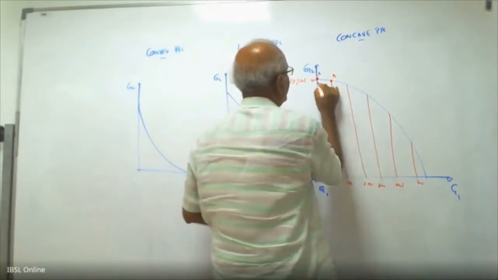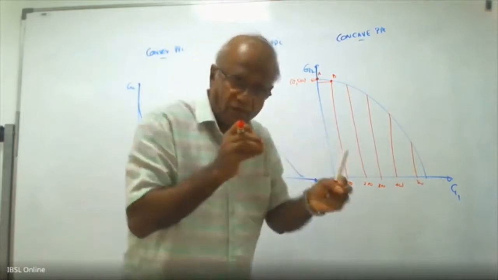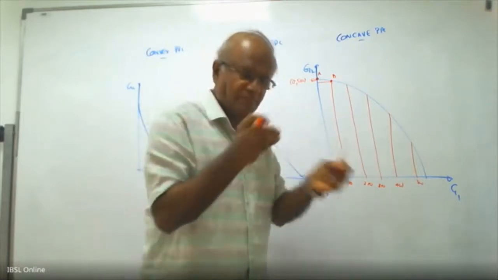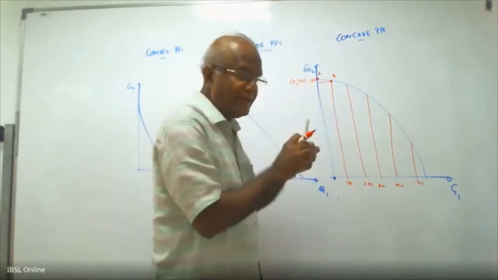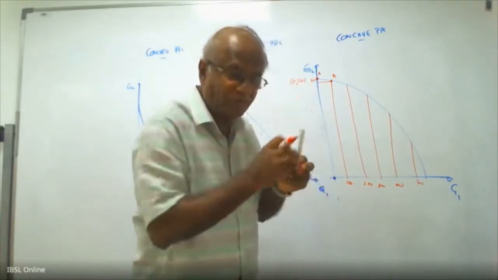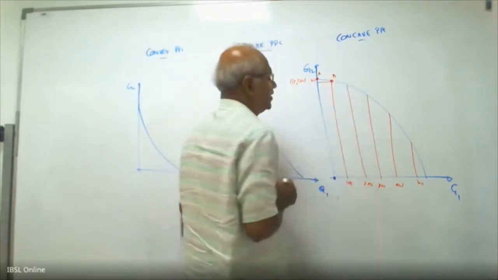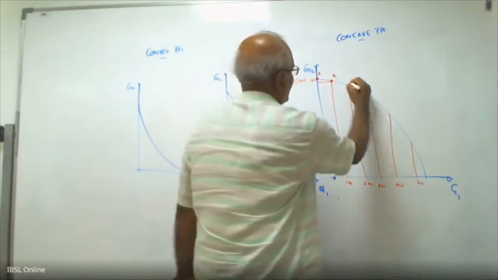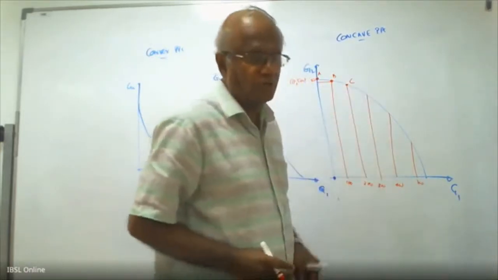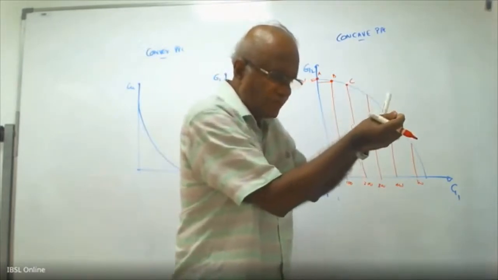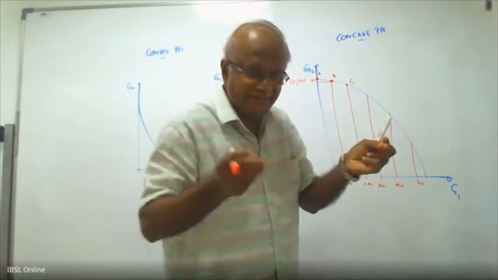What does that mean? Using the same resources, you reallocate resources. You take some from good two and employ them in good one, because you want to get 100 units of good one. You move to B. Then again they say, okay, now that is not enough, you want to move to C. You take some factors of production from good two and again employ them in good one, labor and capital.